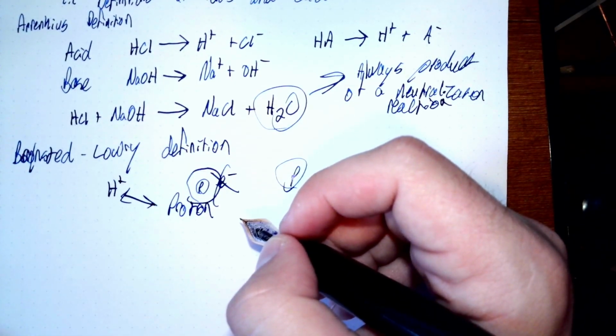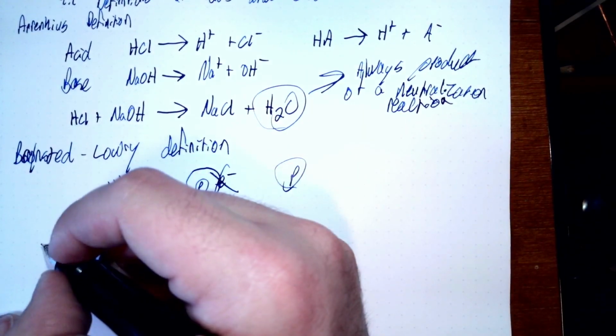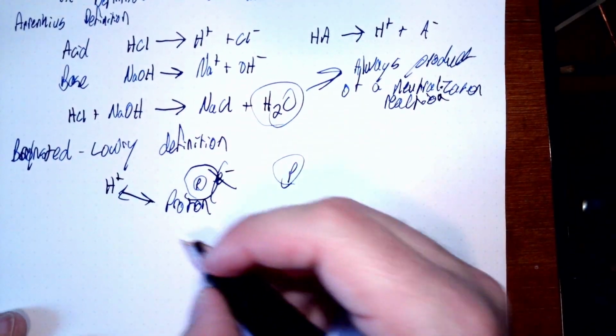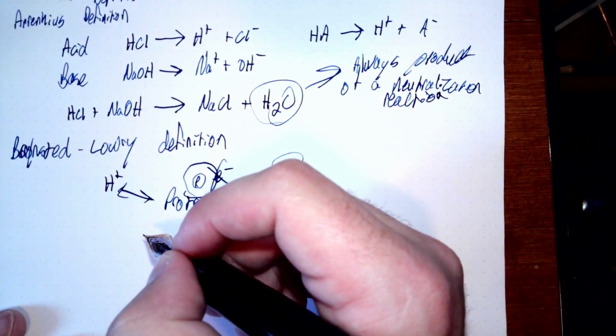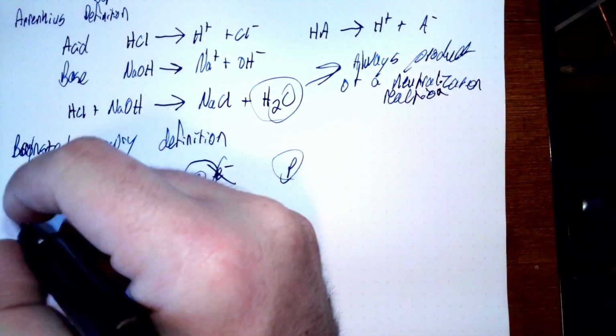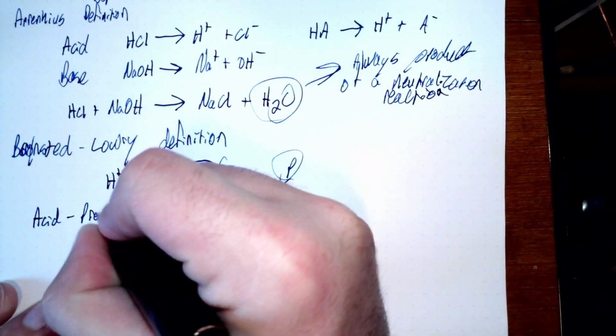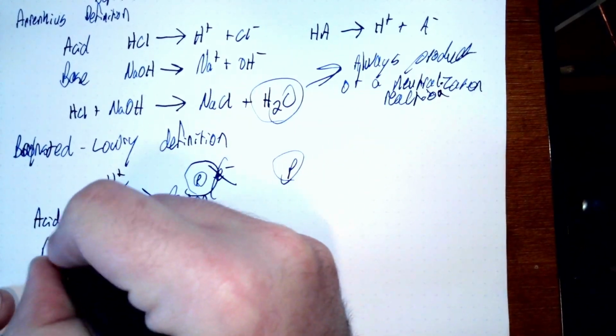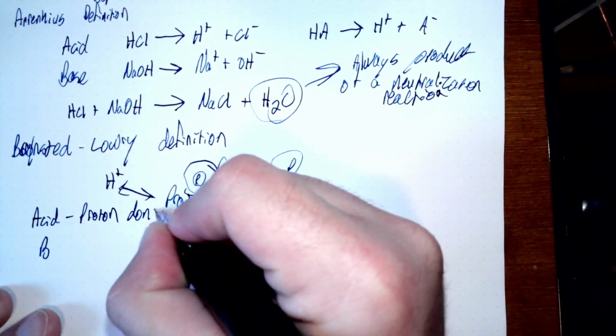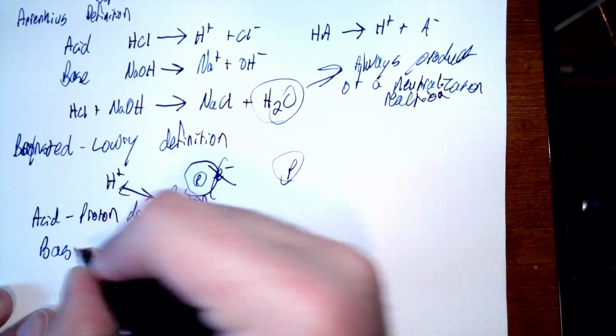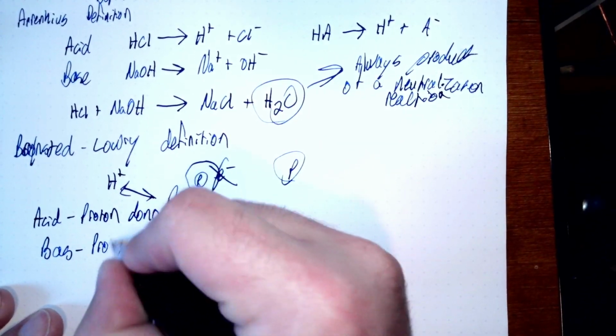We refer to H pluses as protons, so remember that. Now, we give the definition of a Bronsted-Lowry acid and base as, we say that an acid is a proton donor and a base is a proton acceptor.